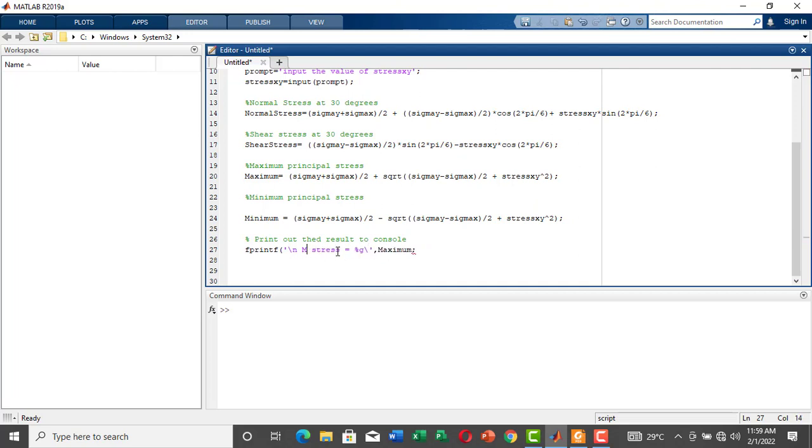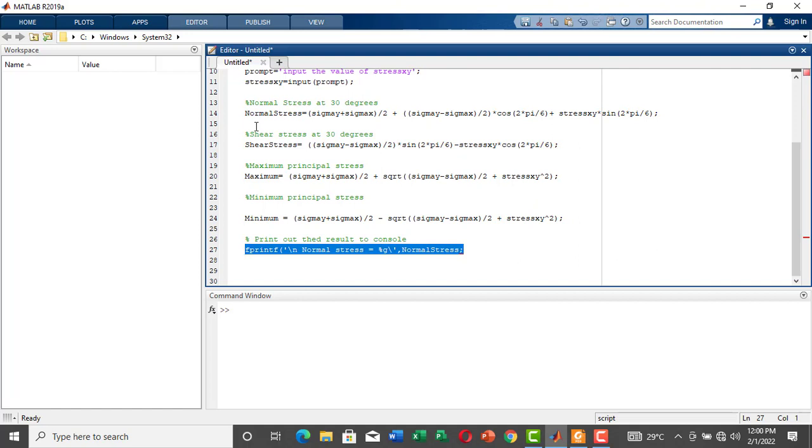The first one is normal stress. I'm just trying to have it in a normal arrangement. So the real name that it has there is normal stress as well, but no space.